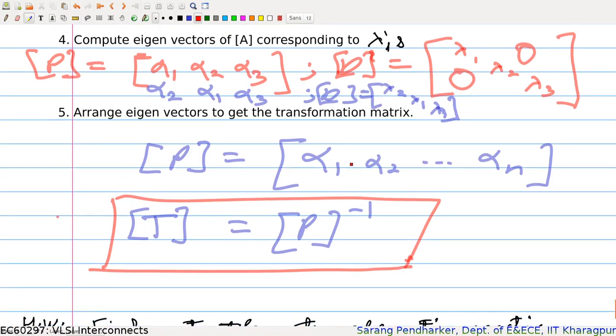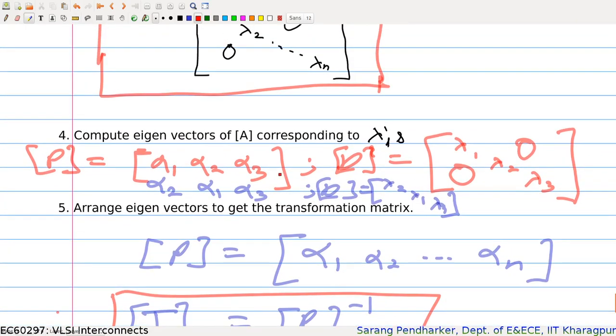Also note, if you recall your basic undergrad maths, the eigenvectors are not unique, because you can always multiply an eigenvector by a constant and it would still remain an eigenvector of the same matrix.